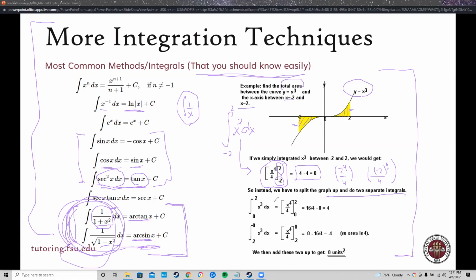If we do that, then you're doing the definite integral from -2 to 0 and from 0 to 2. Then you'll have 4 on one of them and -4 on the other. Therefore, the area for both of these segments is 4, and if we add them together, your total area underneath the graph is equal to 8 units.